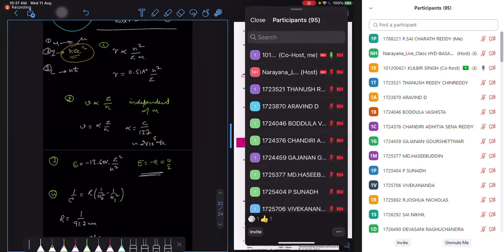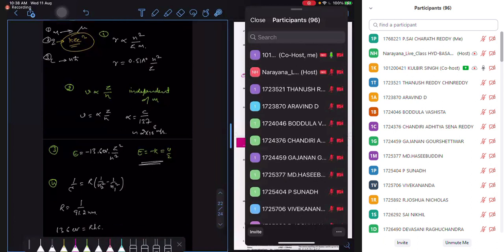So what is my radius? The radius is proportional to n square by z and inversely proportional to mass terms. The proportionality constant is 0.51 angstroms. Velocity is proportional to z, inversely proportional to n, and the proportionality constant here is c by 137. Energy is minus 13.6 z square by n squares.